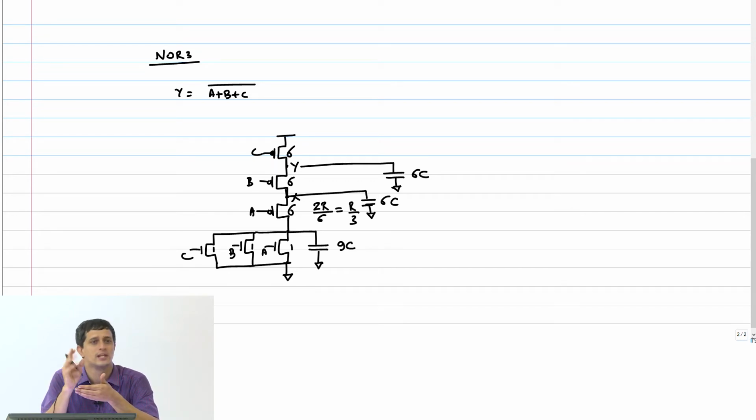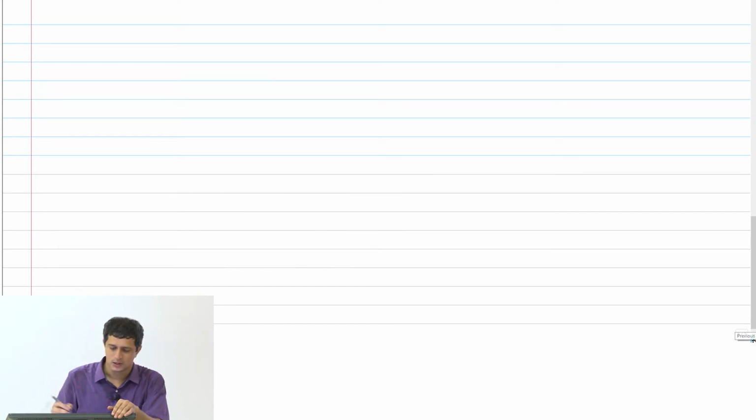That depends on how you lay them out, and it can vary from person to person. There will be multiple ways of doing it also. So this is just something to keep in mind, where when there is clearly a shared uncontacted diffusion, don't double count the capacitance. That's a very reasonable approximation, and it's also valid in reality, but it's not easily extendable to every single case of layout that we do.